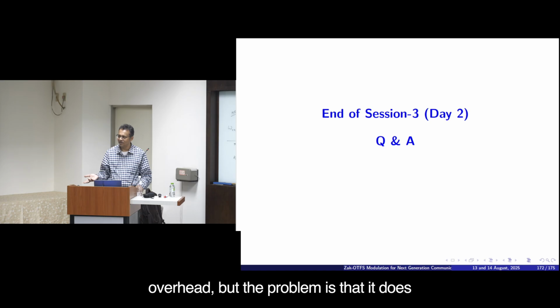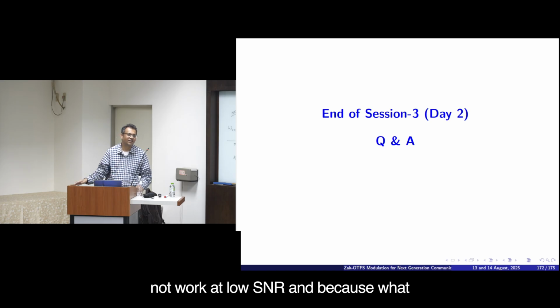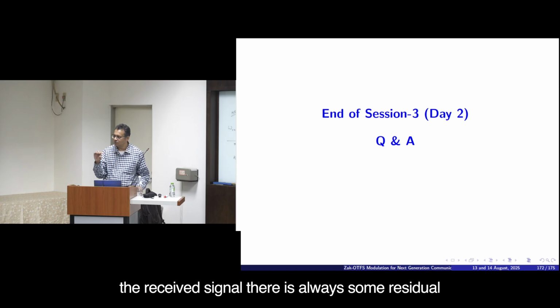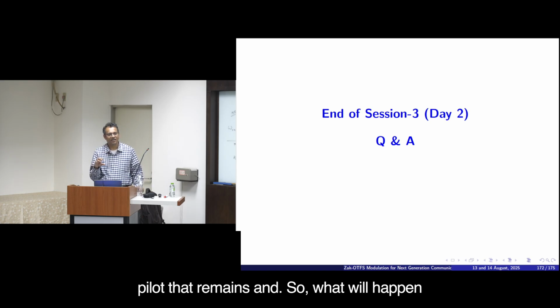The spread pilot is good because it doesn't have any pilot overhead, but the problem is that it doesn't work at low SNR. When you cancel the pilot from the received signal, there is always some residual pilot that remains.